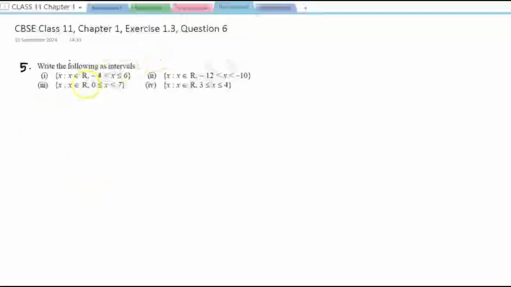Write the following as intervals. Okay, so if you have seen my previous video, you can do this. The first part is: x such that x belongs to R, and all the x should be between -4 and 6, and we will include 6.